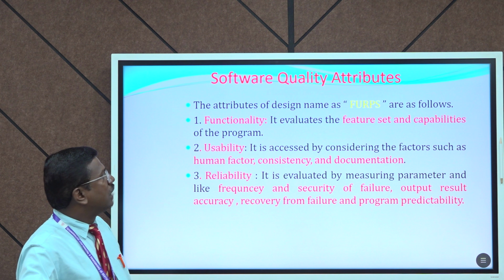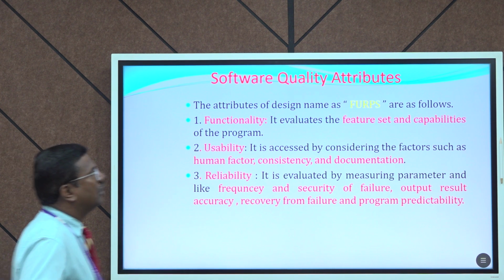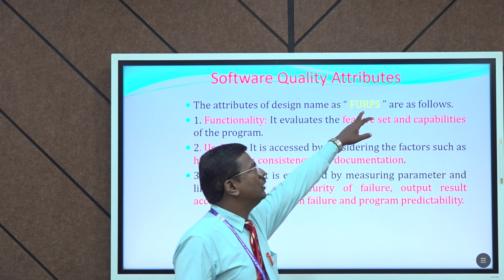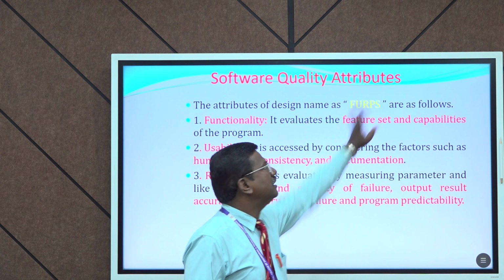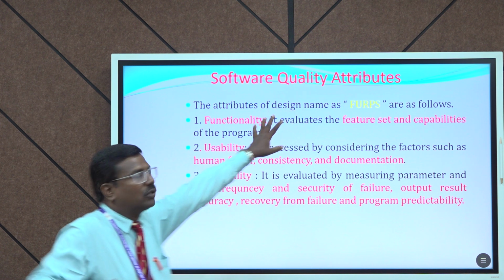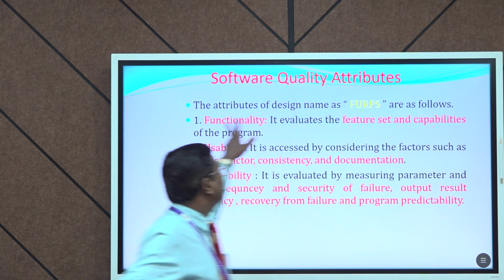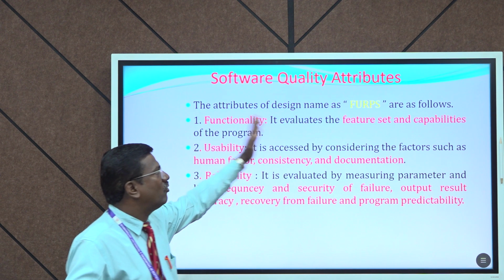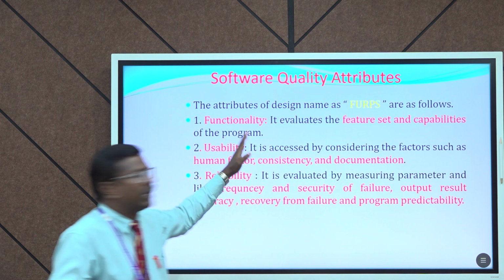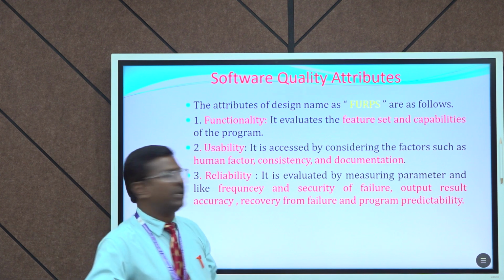So then software quality attributes. What do software quality attributes mean? FURPS means functionality, usability, reliability, performance, then supportability. So these five attributes are used as software quality attributes. The first one, functionality. F means functionality. It evaluates all the feature sets and capabilities of the program. Feature set means what are the features from the customer requirements.